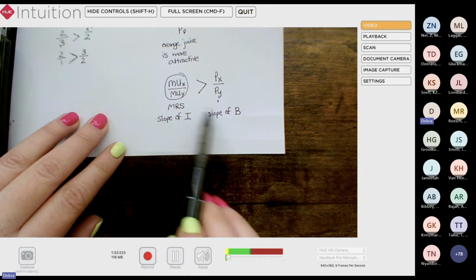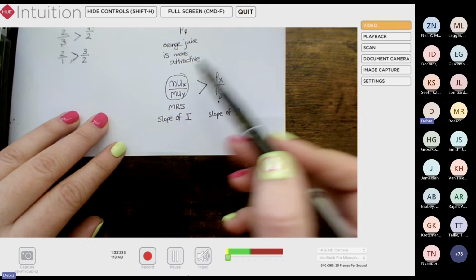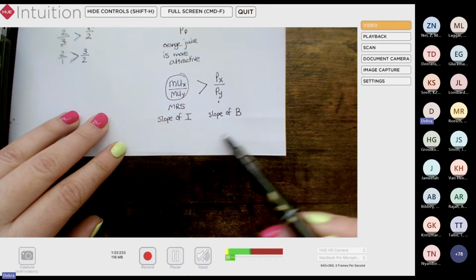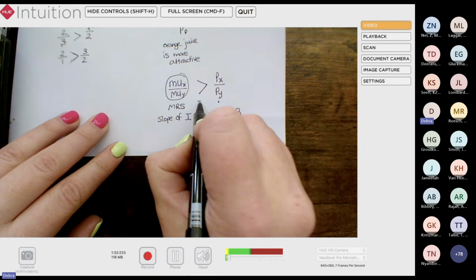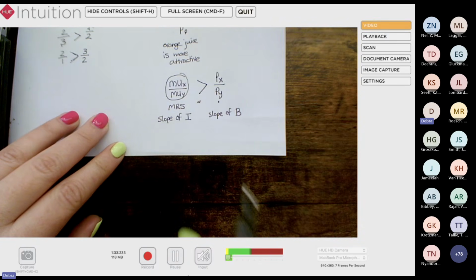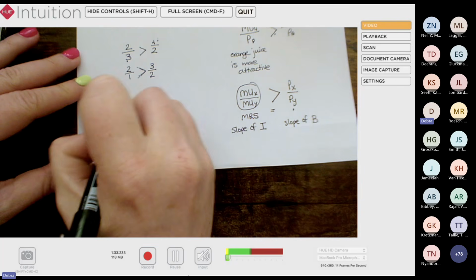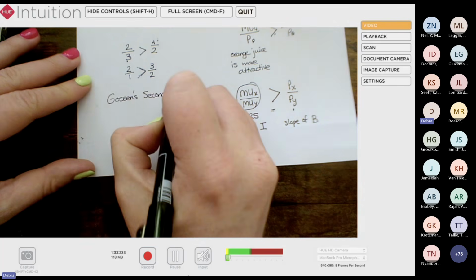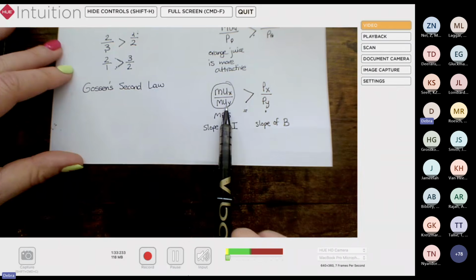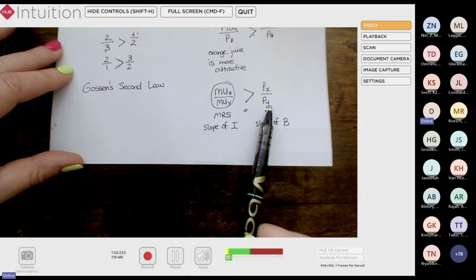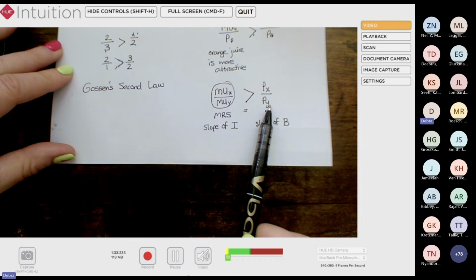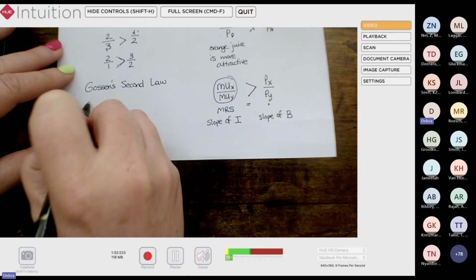The other form that I can put this rule into, so tangency would imply that these are equal, so that's something I'm looking for. That tangency condition would mean I'm optimizing. The other way that I can represent this is in terms of Gossen's second law. So Gossen's second law says, instead of comparing the MRS to the relative price, let's compare the marginal utility per rand of the two products.